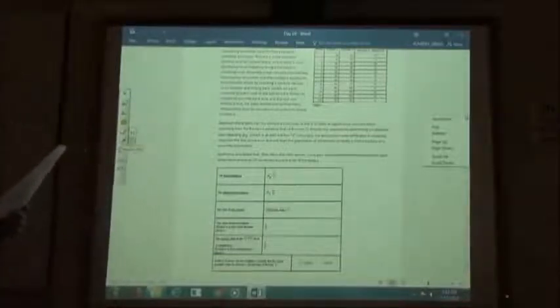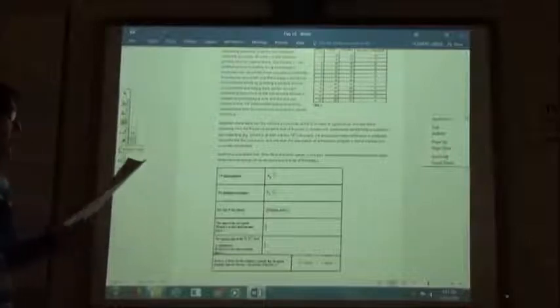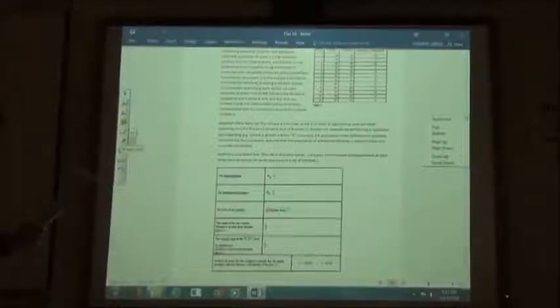Half the workers are chosen at random to do process 1 first, the rest do process 2 first. For each worker, each process, the assembly time in minutes is recorded in Table 1. Based on the data, can the company conclude at a 0.10 level of significance that the mean assembly time for process 1 exceeds that of process 2?